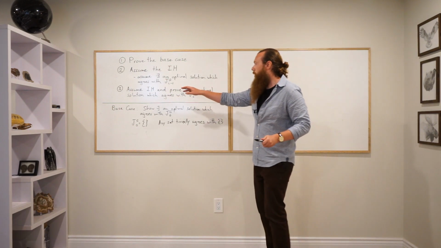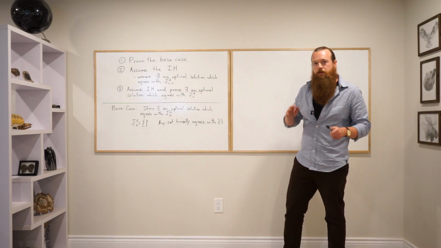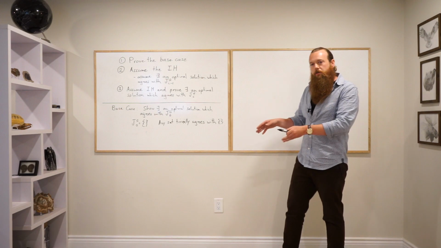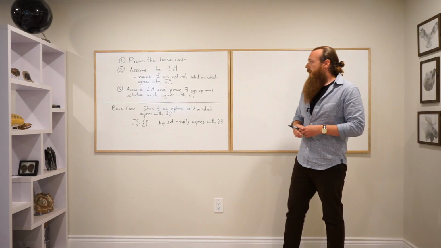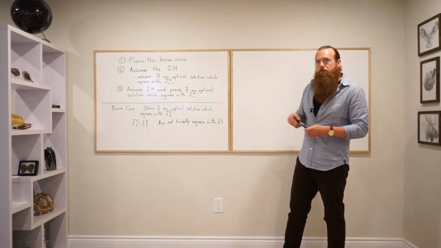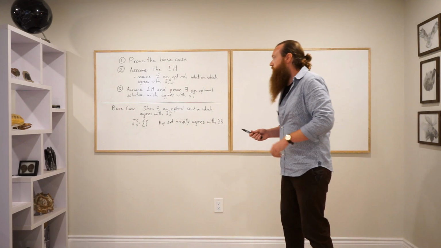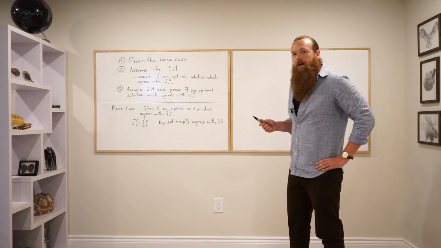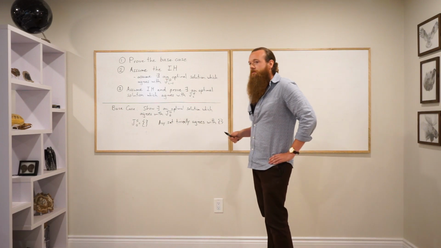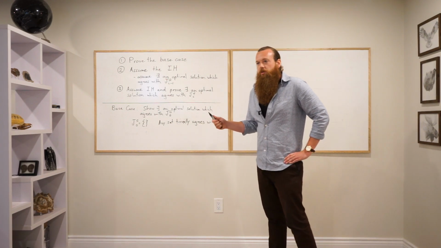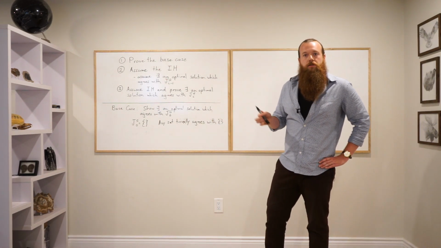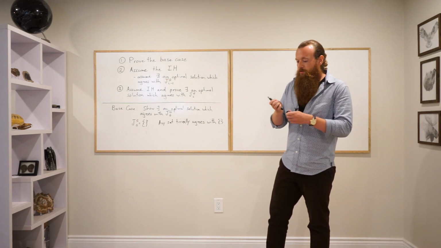Our greedy solution, our EFT, can either exclude or include that ith job. And our optimal solution, J star, which agrees with the first i minus 1 choices from our inductive hypothesis, also has that same choice. It might just happen to exclude or include the ith job. So let's write those cases out.